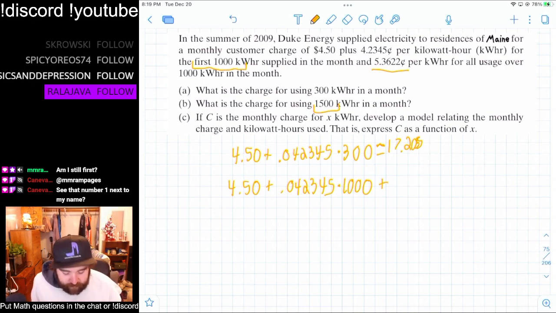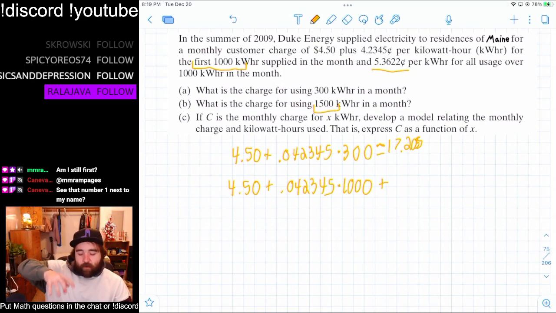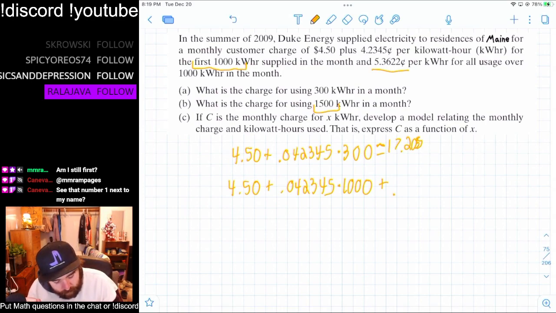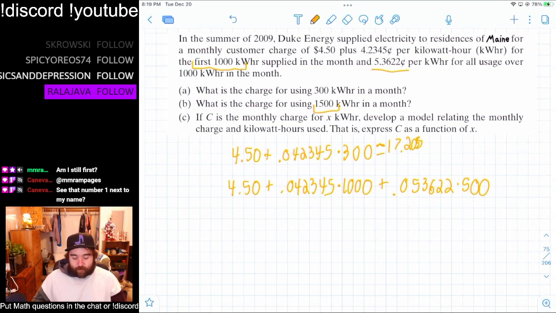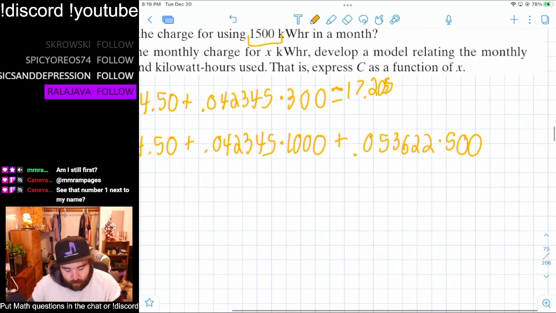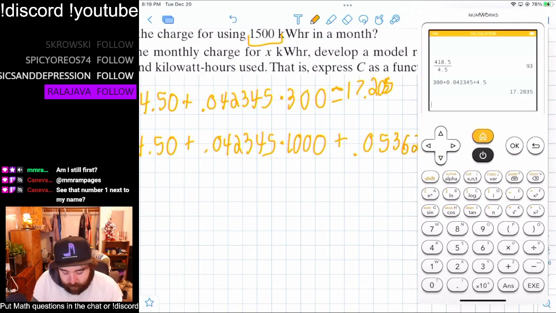Because it's not the whole 1,500. Like we said, we already paid for 1,000 of them, so there's only 500 of them that we have left to pay for. So then we're going to do this new price, 5.3622 cents times 500 kilowatt hours, and that's going to get us how much it would cost for that.